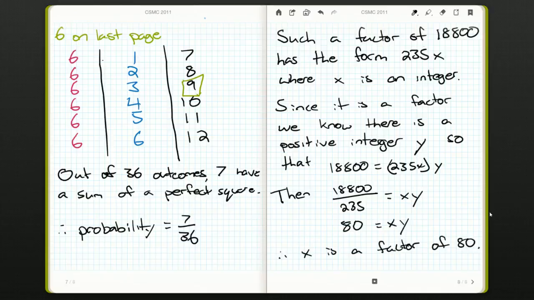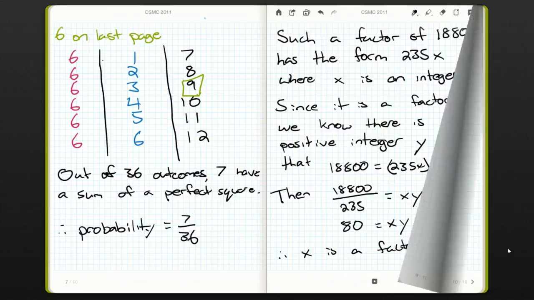So this x value, if we could count up the number of possible x values, we'd be able to count up the number of factors of 18,800 that are multiples of 235. Well, now we know a little bit about x.